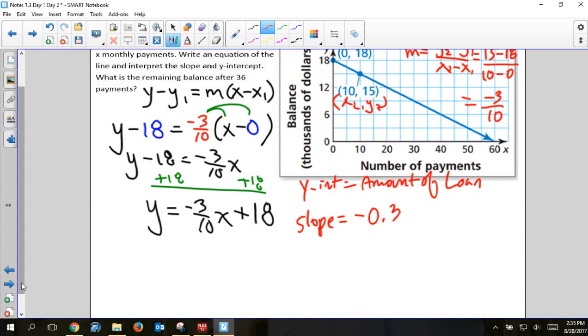What's down 3 mean in the picture? So how much am I going if I'm down 3? $3,000. So we're going to pay $3,000 every 10 months.